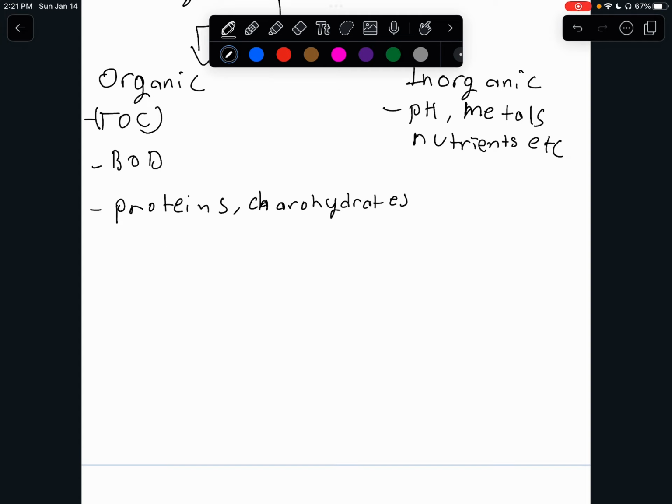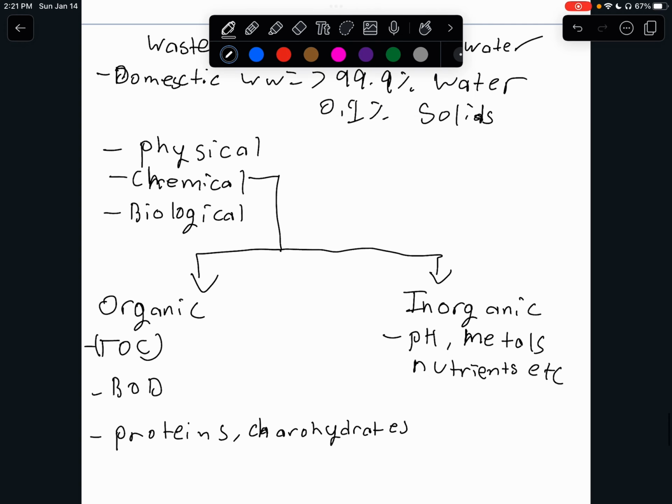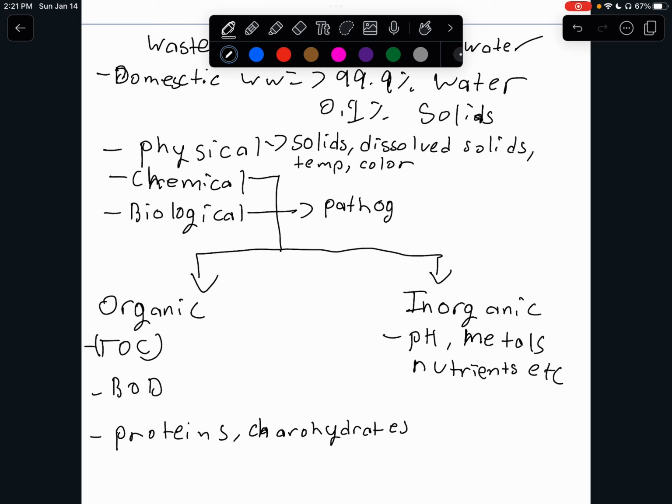So our physical parameters, add this over here, consists of solids, dissolved solids, temperature, or color, right? Color of the water. This one, biological, consists of pathogens and viruses, right? Anything bio. So pathogens plus viruses.